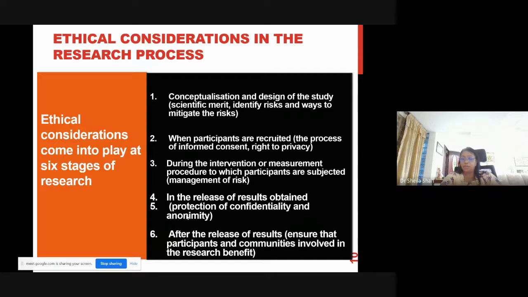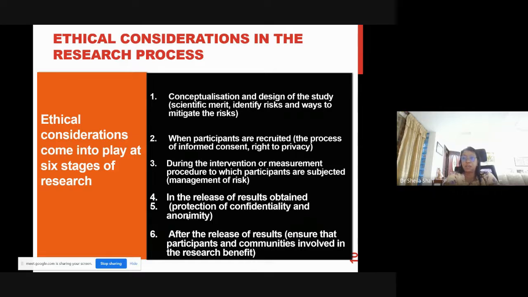And then during the intervention or measurement procedure, you must take care of your sample, your patients, because sometimes the study is very long. They will get bored or lose interest, and they feel they don't benefit from the study, so you have to let them go. And also you have management of risk.